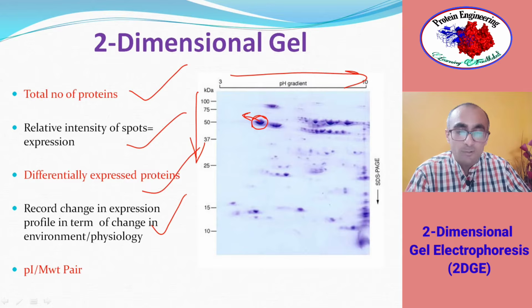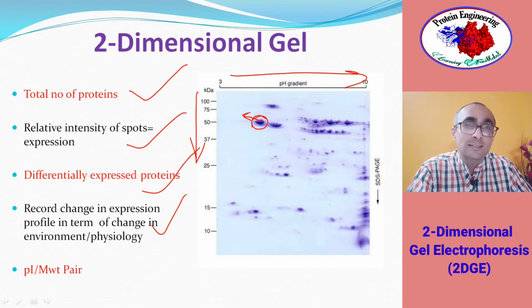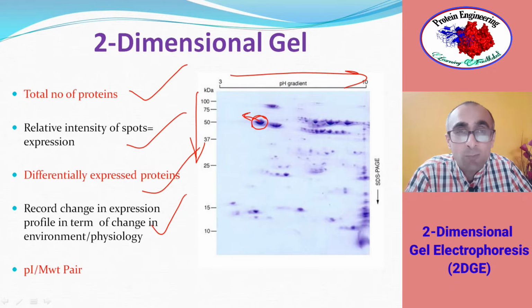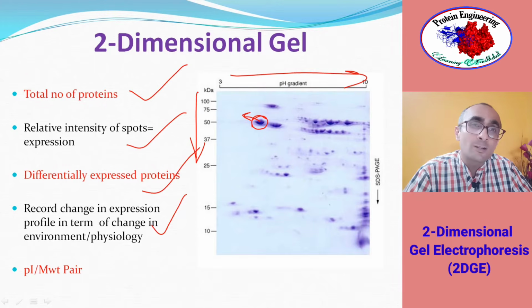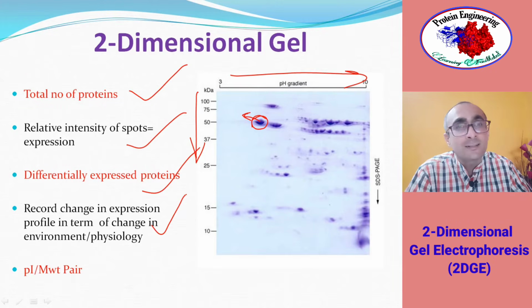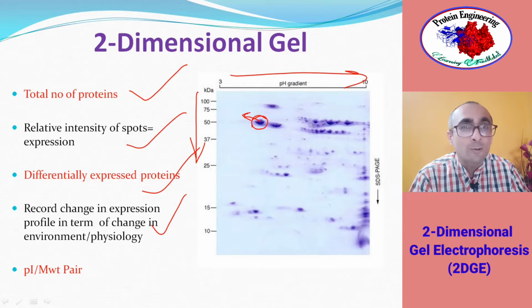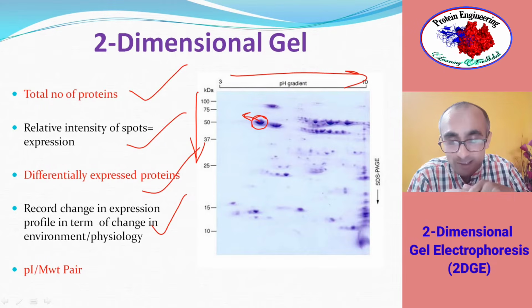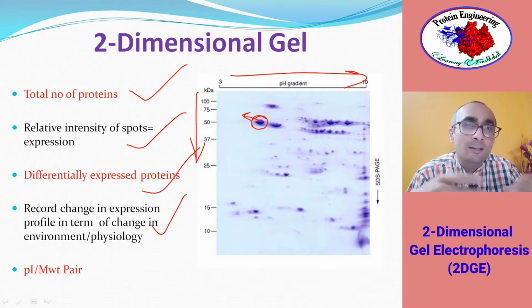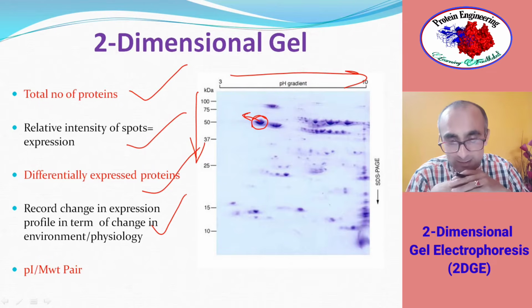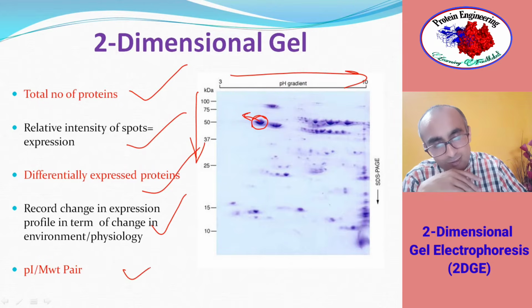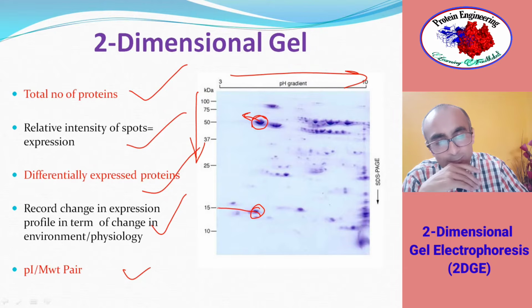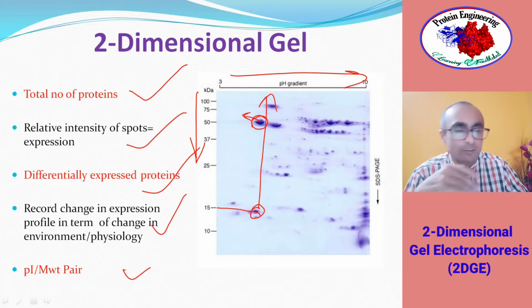For example, if you want to see proteins being expressed in stress condition in comparison to normal, 2D GE can be run for the normal sample and the stress sample, and both gels can be compared in order to see what proteomic profiling changes occur due to stress. And each spot can be given a molecular weight and a pI value.